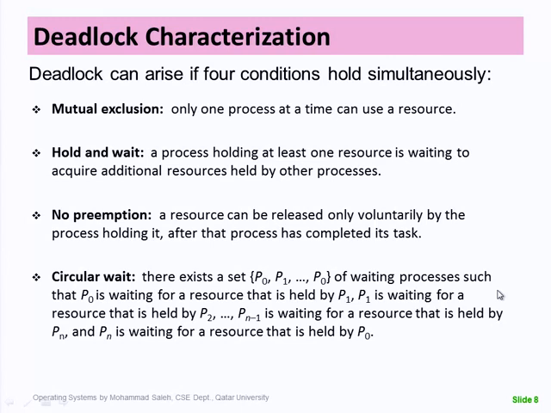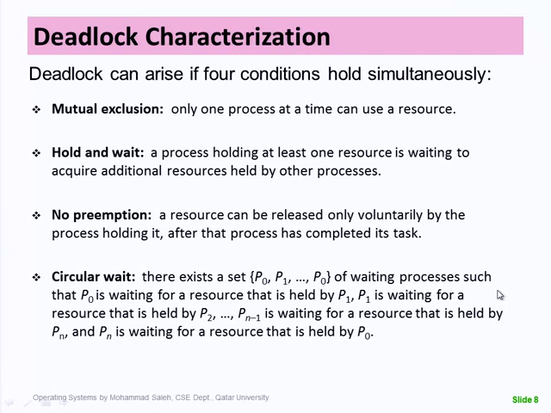Circular wait, we said, in a deadlock situation, we have a number of processes waiting for each other. None of them can progress. We can express this in this format: having processes P0 to Pn minus 1, which are n processes.